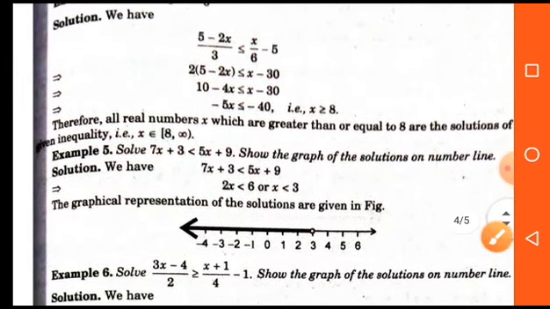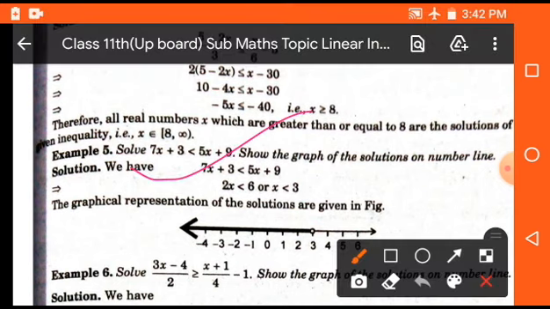Now we are taking an example in which we have to solve the linear inequality and plot all the values on the number line. See this example: 7x plus 3 is less than 5x plus 9.